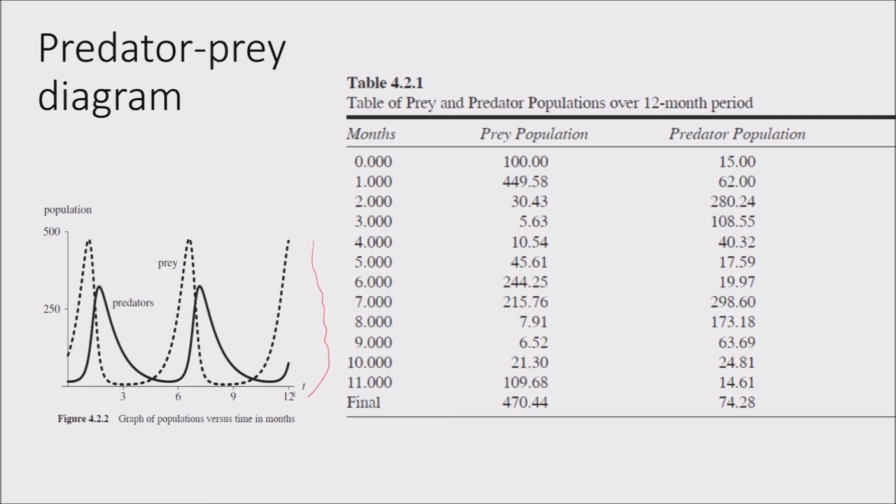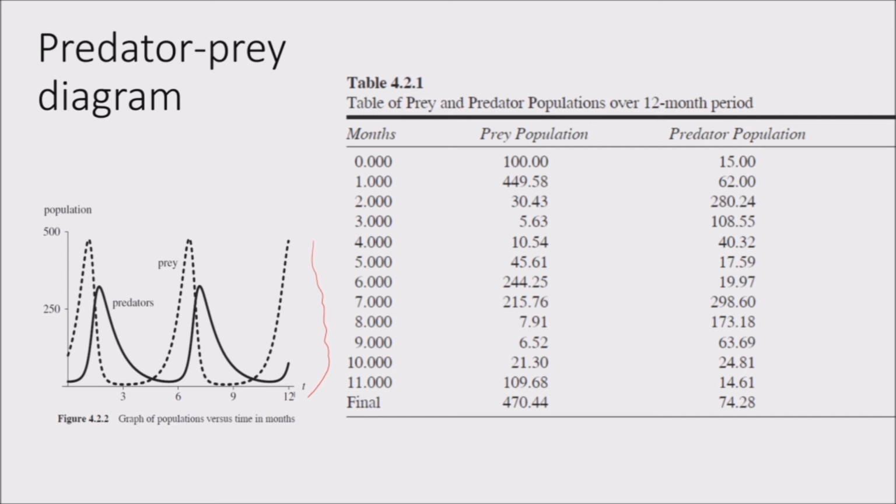The predators are the dark line and the prey are the dotted line. You can see they are balancing each other. If one goes down, of course the other goes down as well.